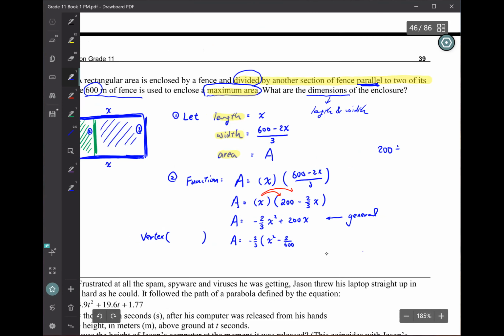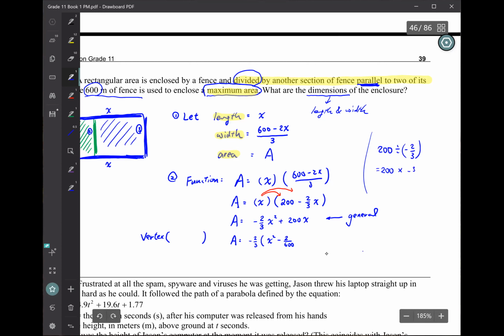So 200 divided by negative 2/3, right? Yes. Okay, how do we divide fractions? You flip the second number. Yeah, so it'll be 200 multiplied by negative 3/2.